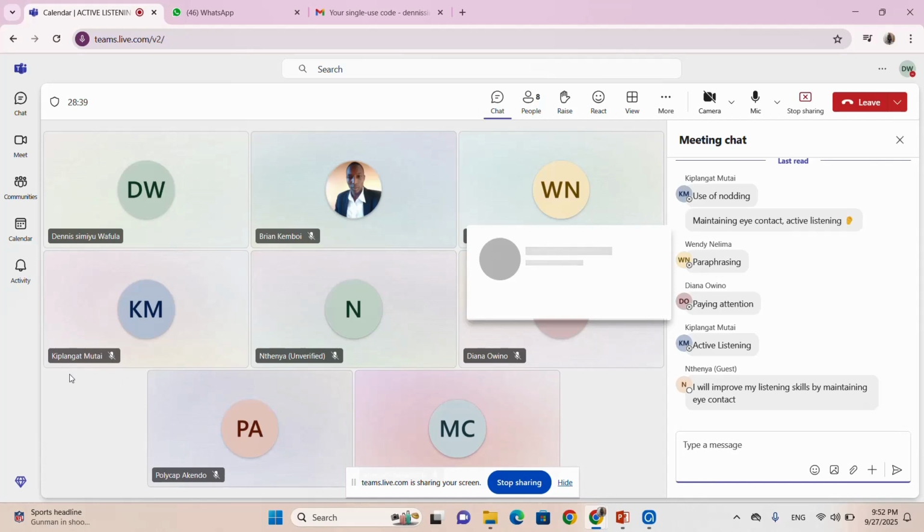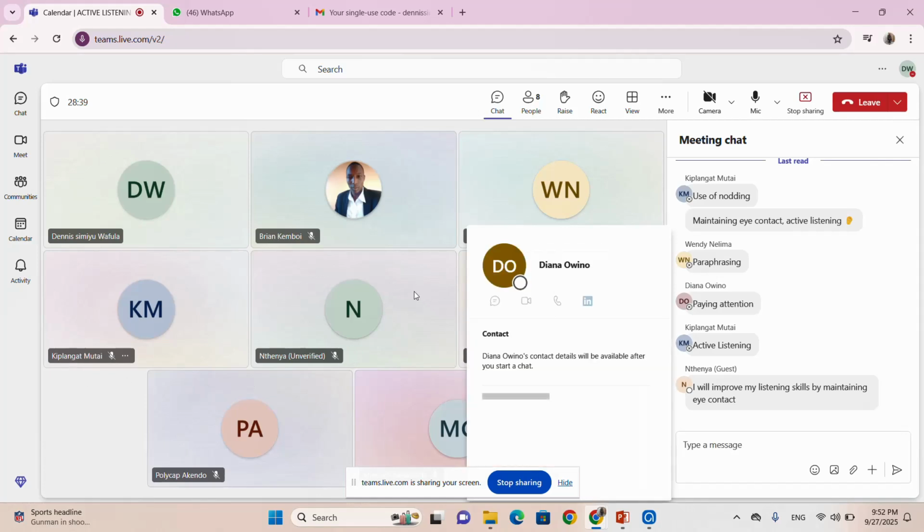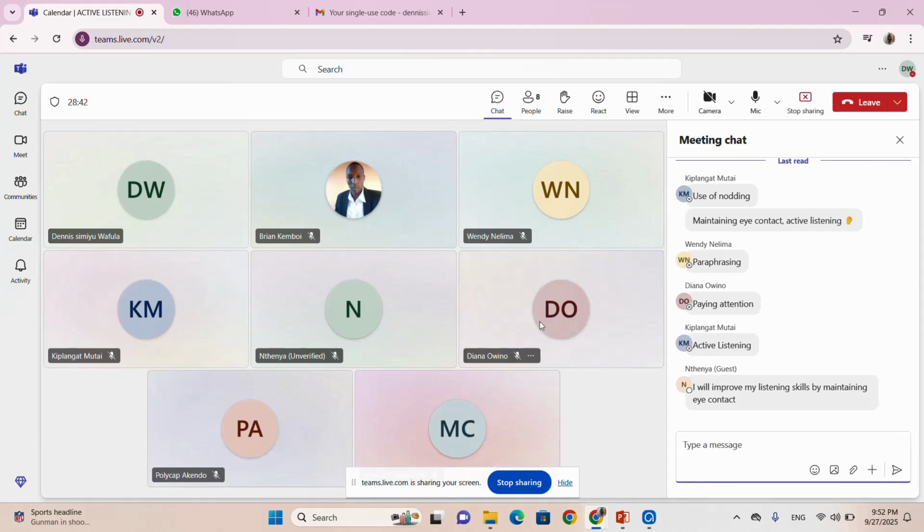Unmute your mic and speak. Let's have a boy first, then a girl. Able to tell us the action they will take from this lesson to improve their listening skill.